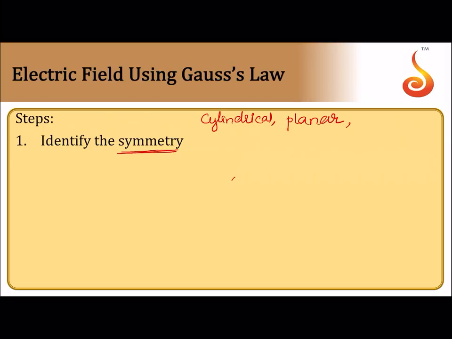The third is spherical symmetry. Again, the charges are distributed in the form of a sphere. So these three are the important types of symmetries. The first step here is to identify the symmetry. Whether it is cylindrical or planar or spherical is to be identified.